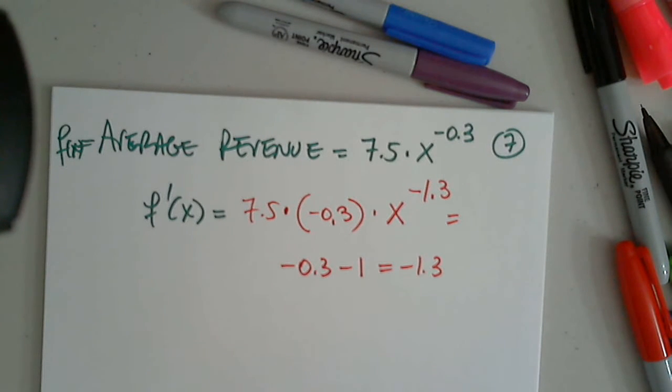What will be the measurement unit for the average revenue? Dollars per bottle. Okay, I multiplied 7.5 by 0.3 and I got -2.25. Let me know.